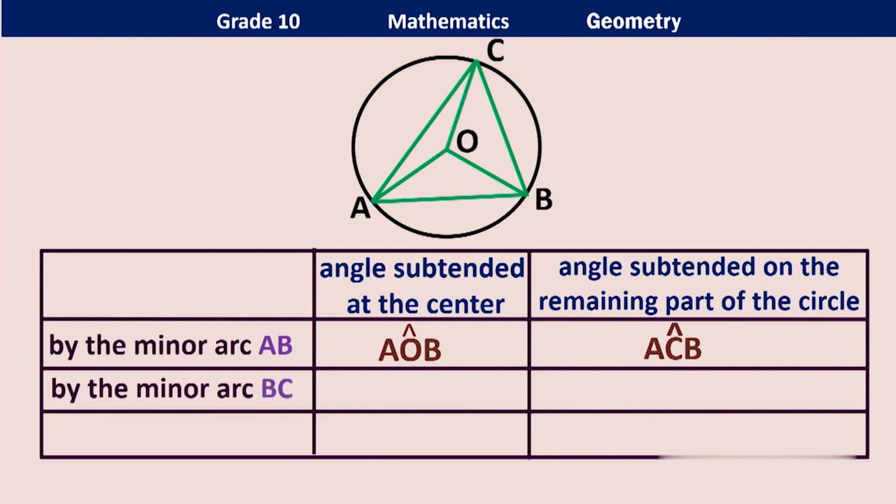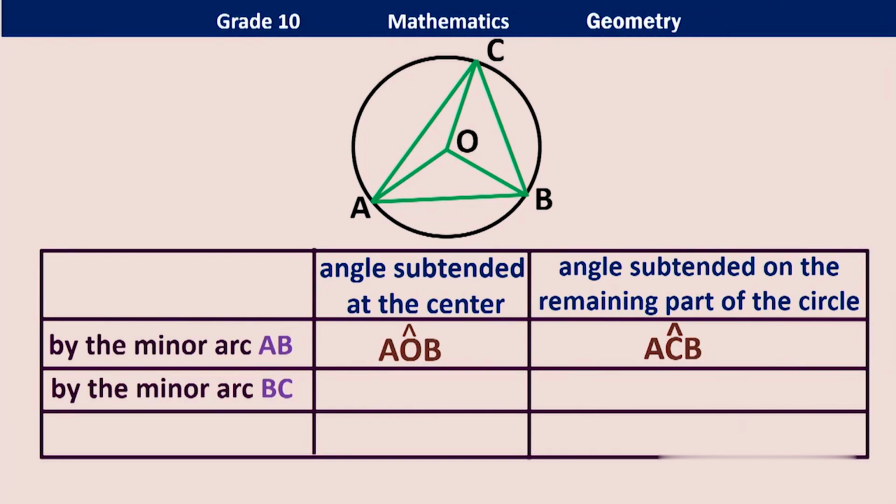Right. This time we have to find the angle subtended at the center by the minor arc BC. So, first of all, we'll identify what the minor arc BC is. Here, can you see? This is the minor arc BC. So, what is the angle subtended at the center by this minor arc?